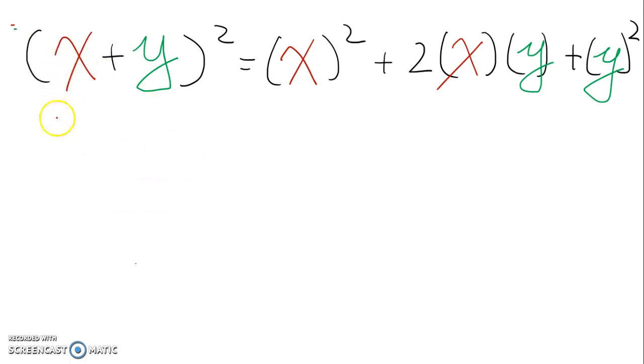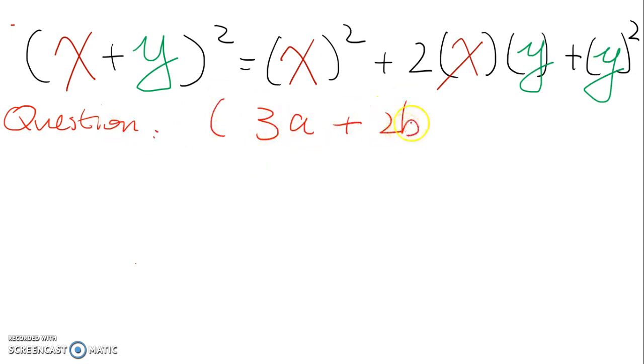With this example on top of here, I really hope that'll make my explanation easier. So the question that we're doing is (3a plus 2b) squared.